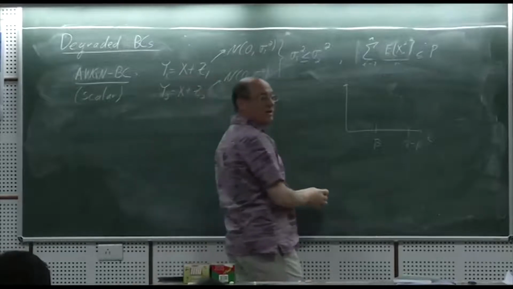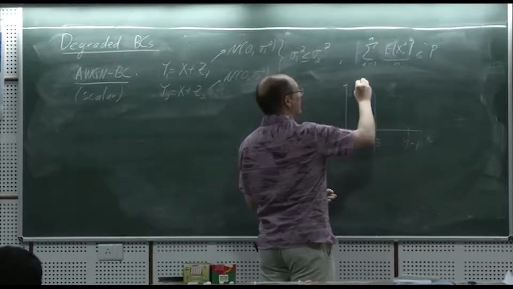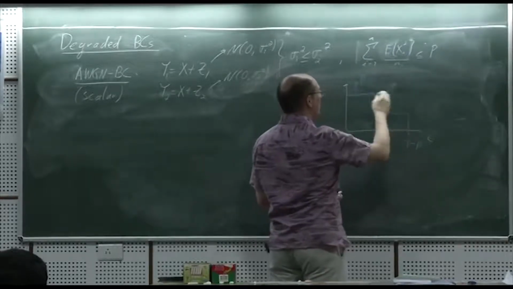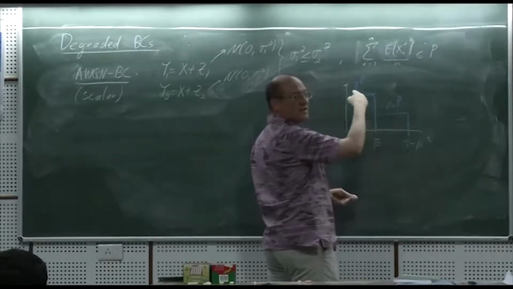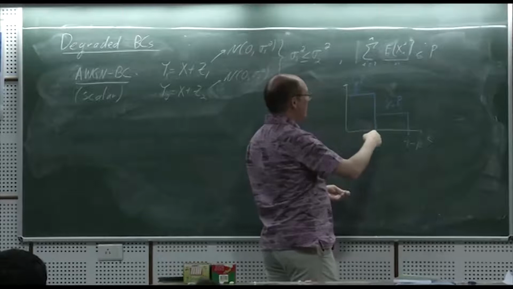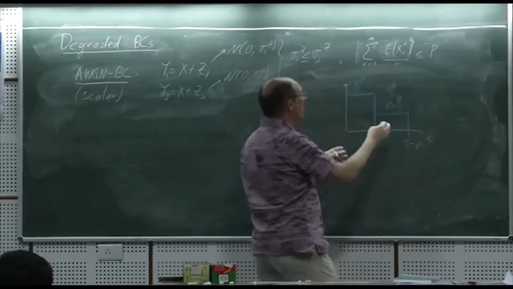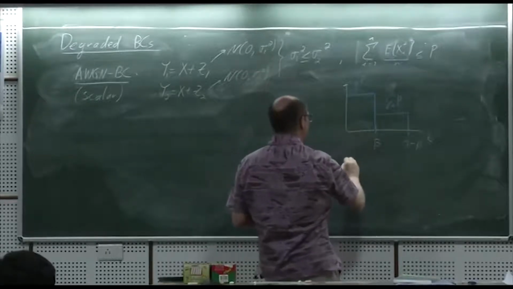But in mode 1, I'm going to send with power gamma 1 p, and in mode 2, I'll send with power gamma 2 p, and I just want to make sure that the overall average power matches, right? So how much power am I using here?